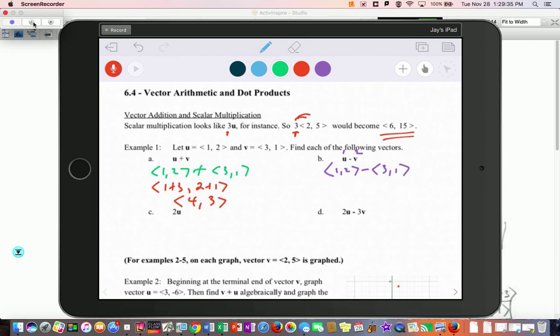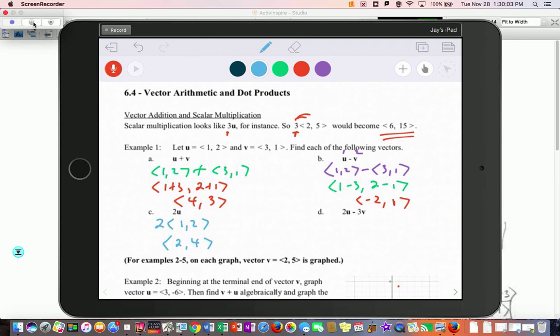So then I would write this out as 1 minus 3 and 2 minus 1 for a final answer of negative 2, 1. 2u simply means put the scalar in front of u, and you end up with 2, 4.